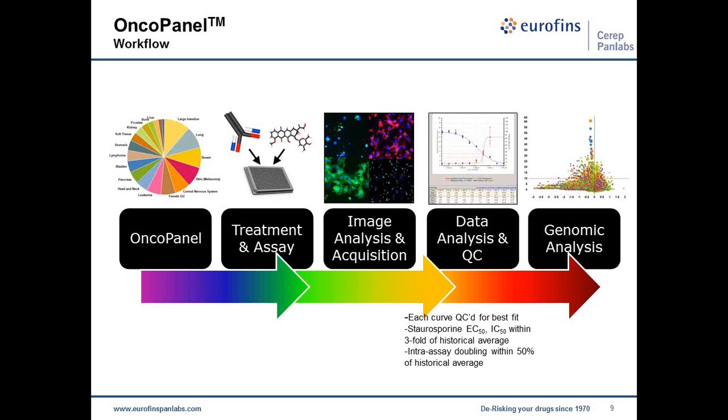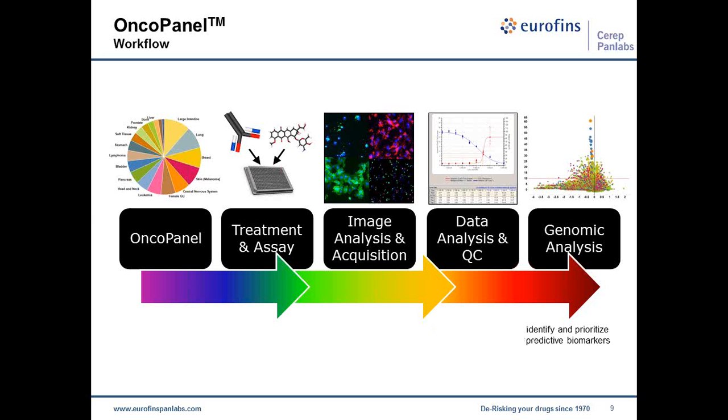So the data need to be very consistent. Furthermore, we require that the doublings for a given cell line be within 50% of its historical average. Again, this ensures that the cells are growing and behaving as we'd expect. Then, as I mentioned, the last step is to identify and prioritize predictive biomarkers through the genomic analysis.